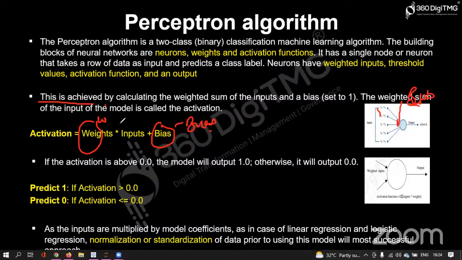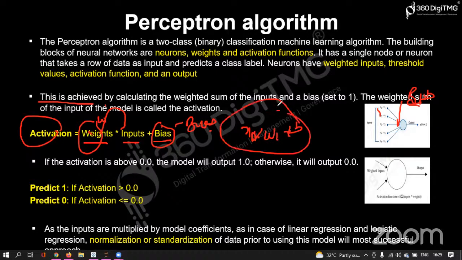So this is the activation function. Here X1 is the input, multiplied by weight, plus bias. This is the equation for the input.